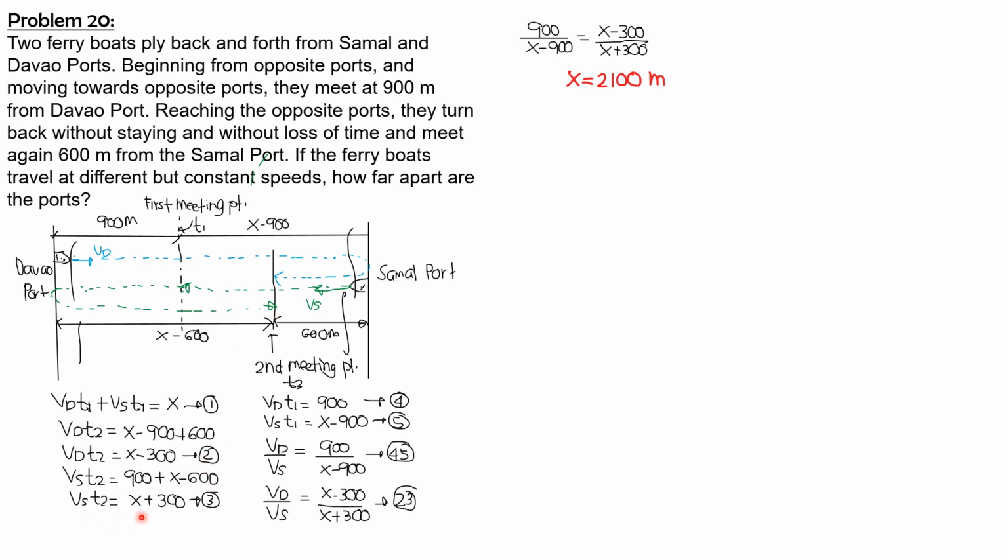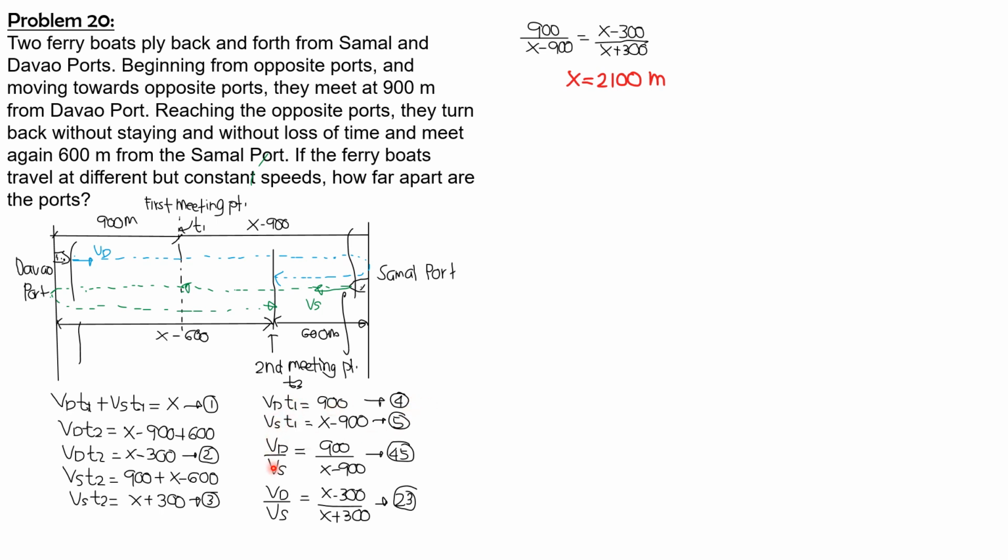Simplifying, v sub s t2 equals x plus 300. Call that equation 3. Also, v sub d times t1 equals 900, equation 4, and v sub s times t1 equals x minus 900.